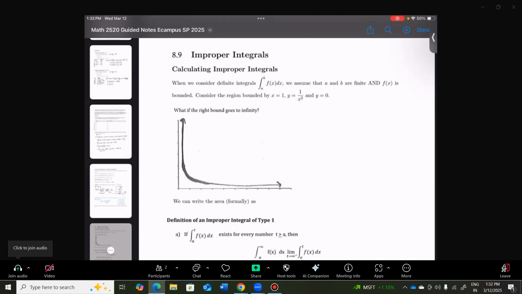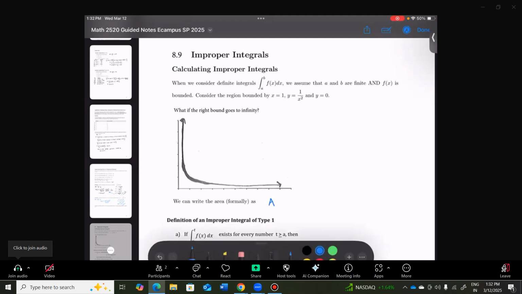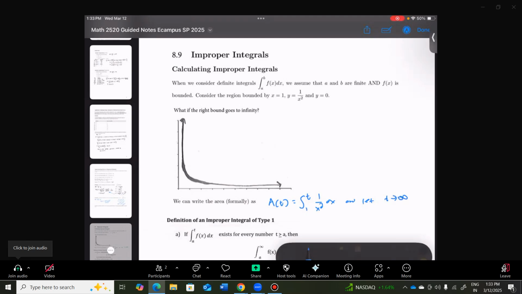One thing we can do is write the area A of t equals the integral from 1 to t of 1 over x squared dx, and let t go to infinity. That's the formal way of writing this.